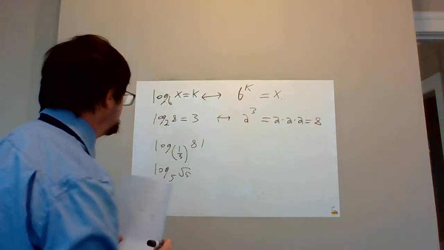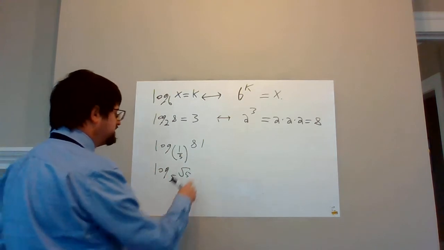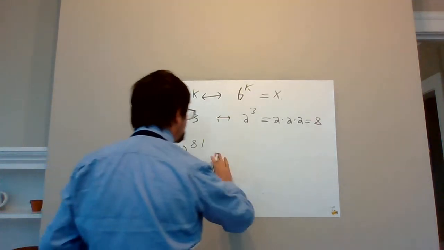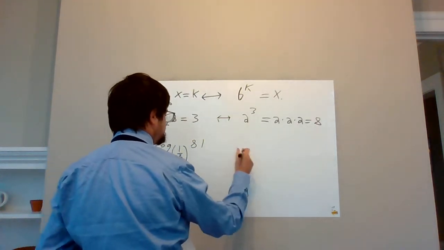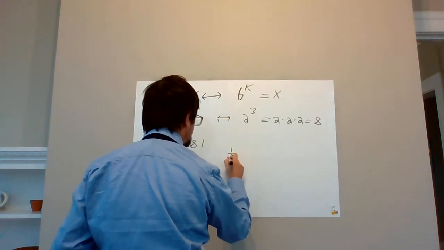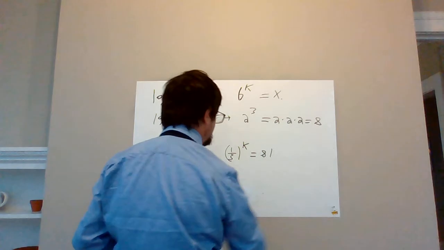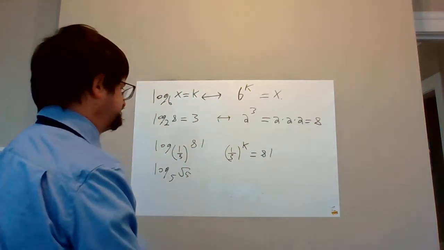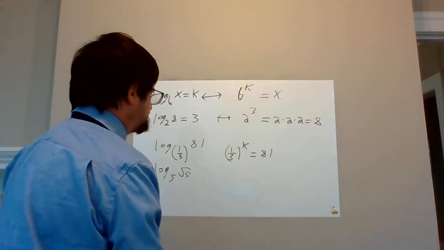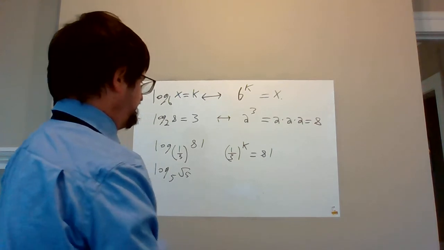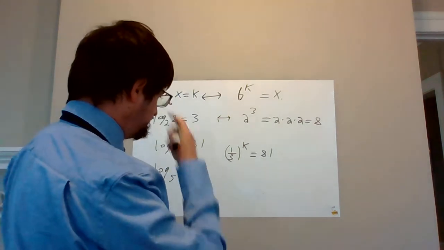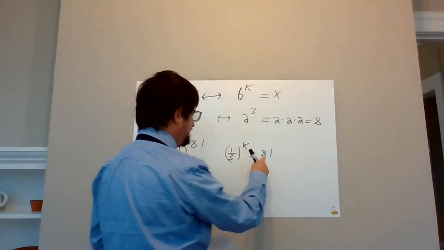All right, hopefully you worked out answers for these. So let's see. For the first one, we need to find a number k such that 1/3 to the k equals 81. That doesn't look obvious to me. What can we do? Well, 3 to the k equals 81.